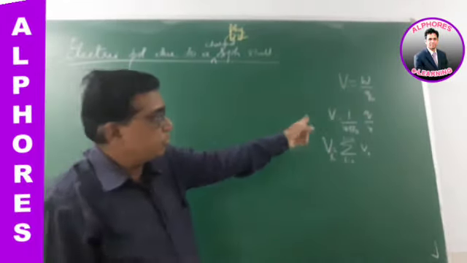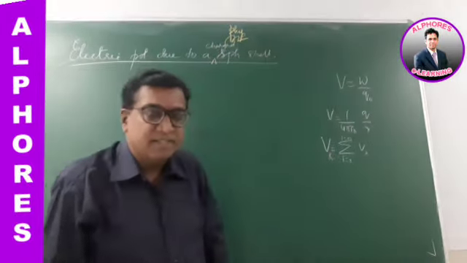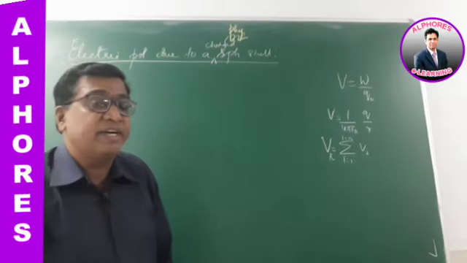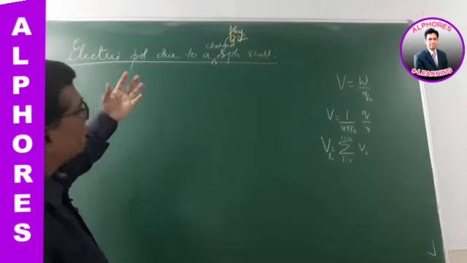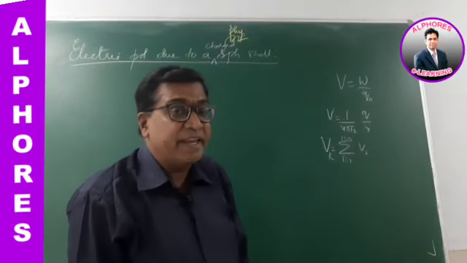So we have potential due to a point charge, potential due to many charges, and we even deduced the potential due to a dipole yesterday, right? Now we will talk about the electric potential due to a spherical shell.